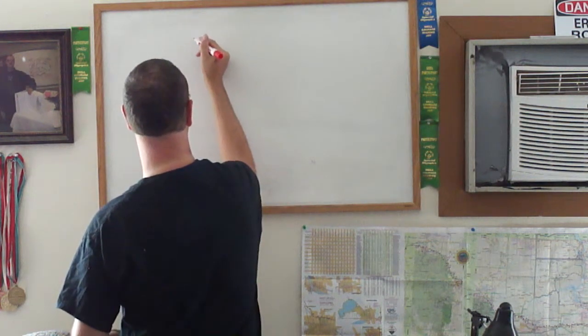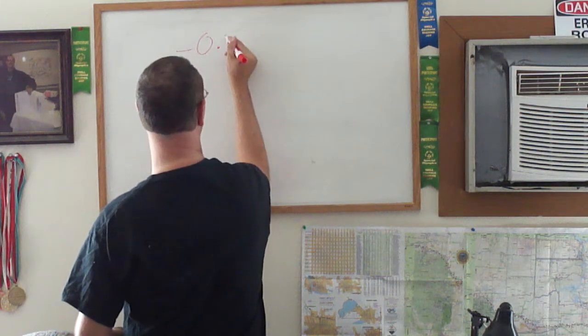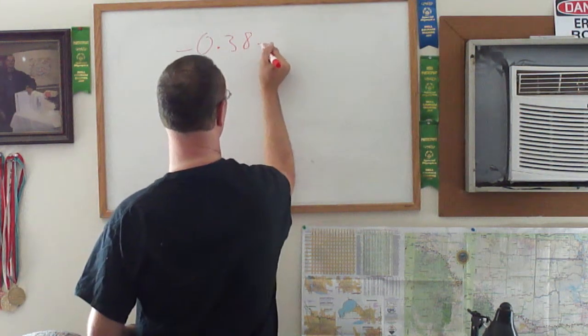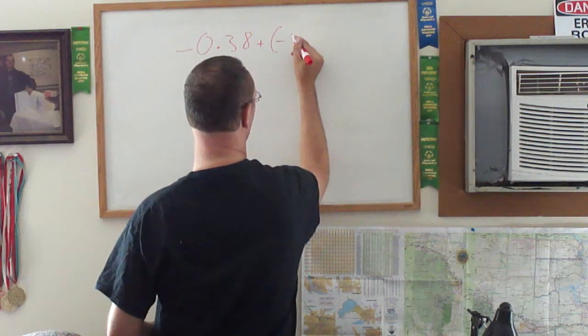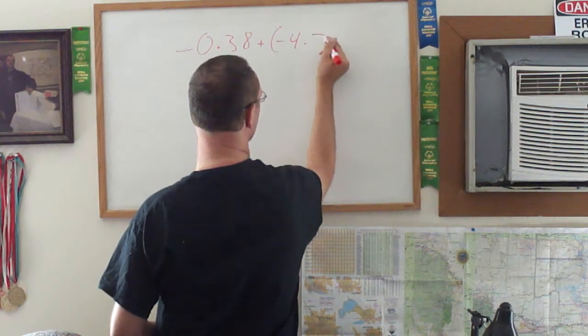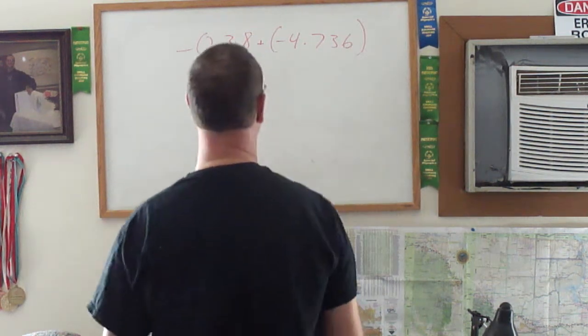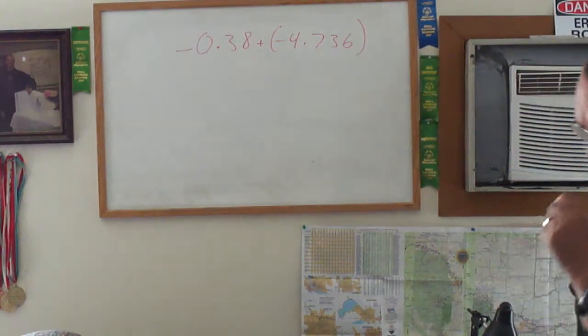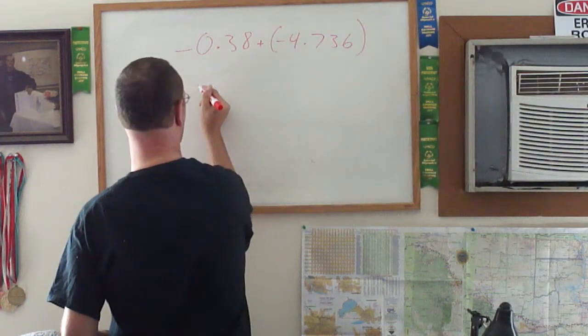Now let's do a decimal. Negative 0.38 plus another negative 4.736. Both negatives, so we act like we're adding this stuff.